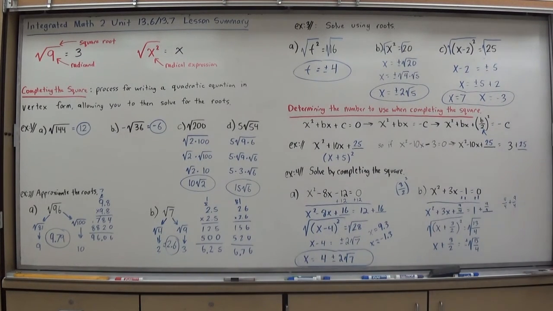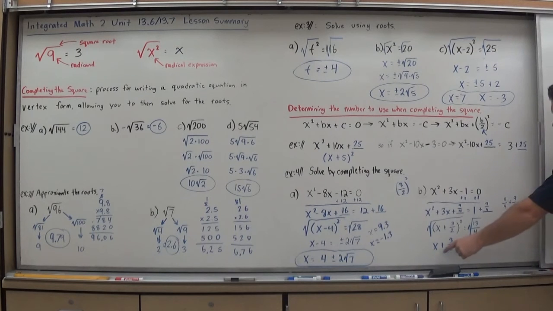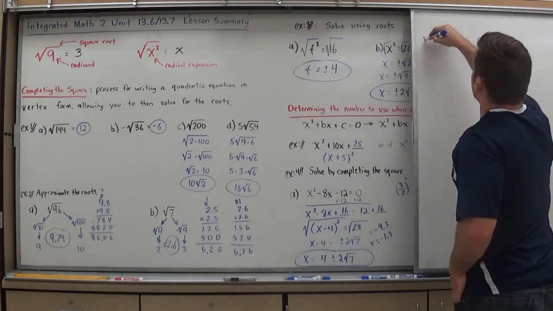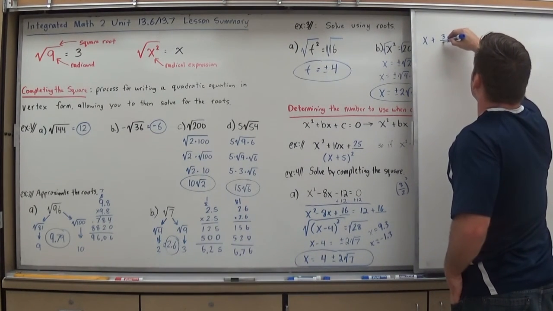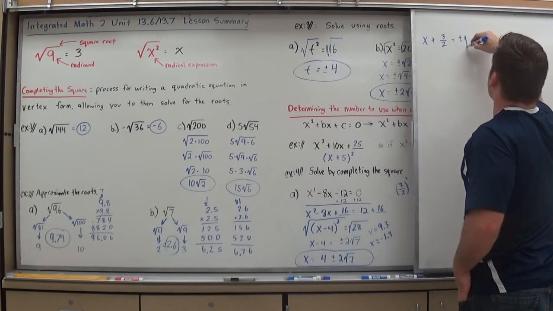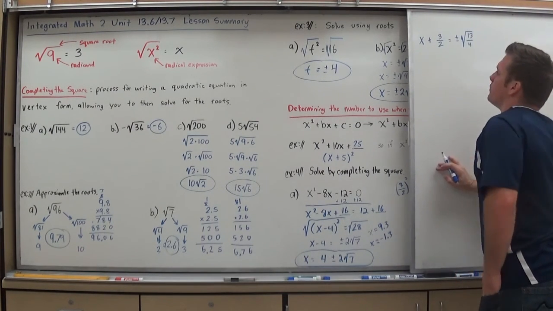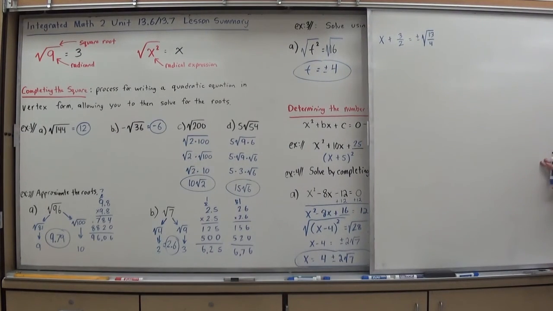Now, here it does get a little tricky. So let me work on the second board here so you can see a little bit more. My last step is going to be to subtract the 3 halves over and isolate x, but I can do a little bit more of it than just that. So let me rewrite it. It's x plus 3 halves equals plus or minus the square root of 13 fourths. We haven't done the square root of any fractions in this class yet, so let's talk about that.